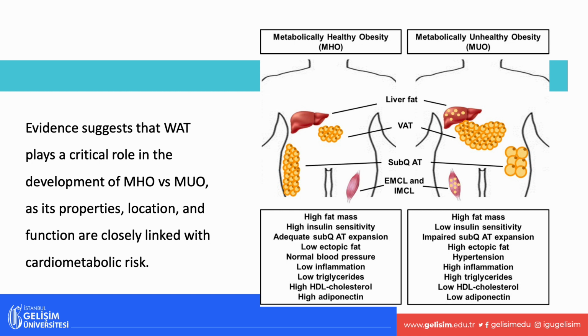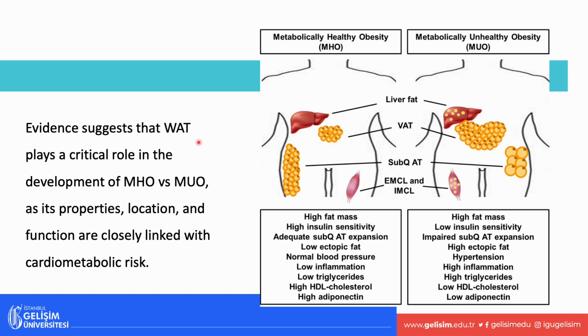All right, so recent evidence suggests that white adipose tissue plays a crucial role in determining whether a person develops metabolically healthy obesity or metabolically unhealthy obesity. Okay, so this is metabolically healthy obesity. This is metabolically unhealthy obesity. Right? So the properties, location, and function of white adipose tissue, or WAT, are closely linked to cardiometabolic risk.